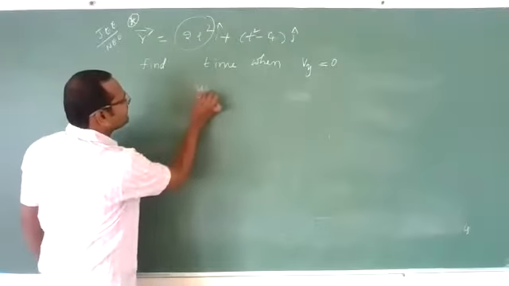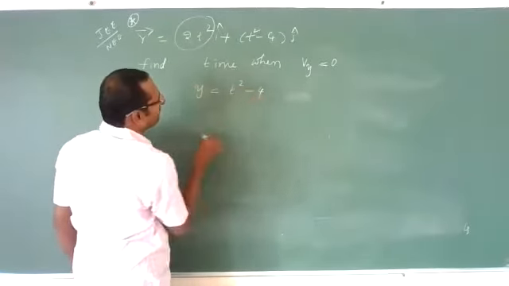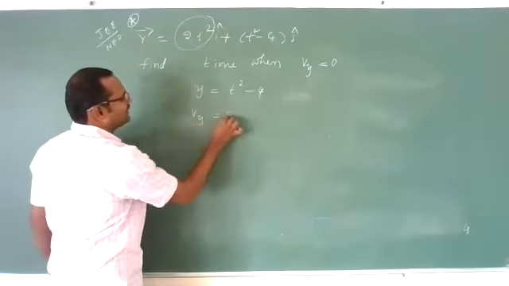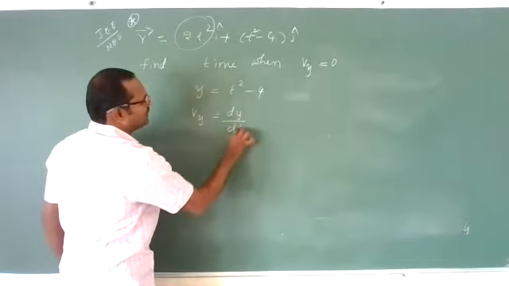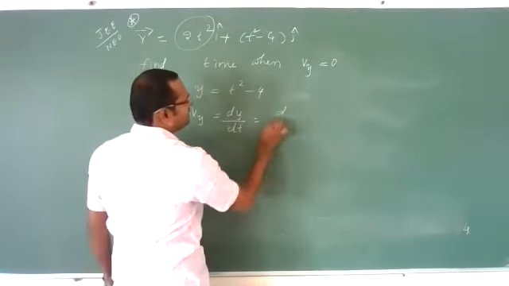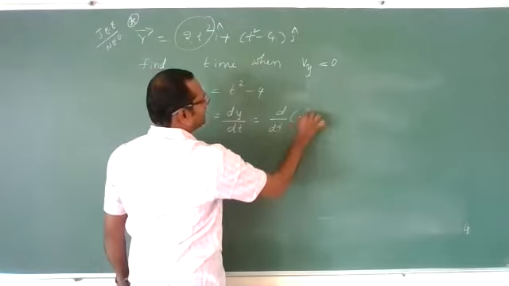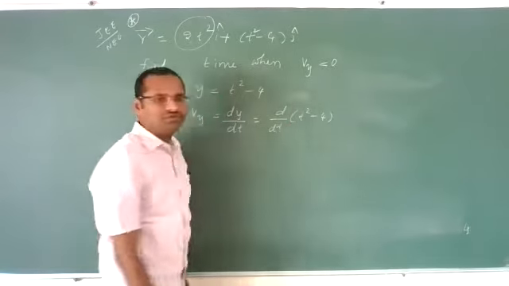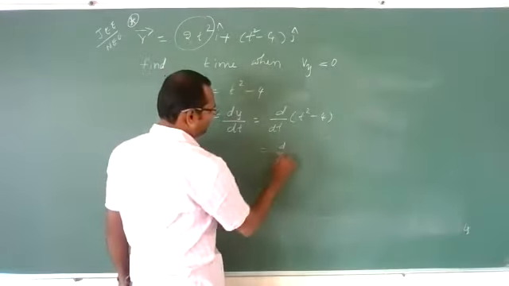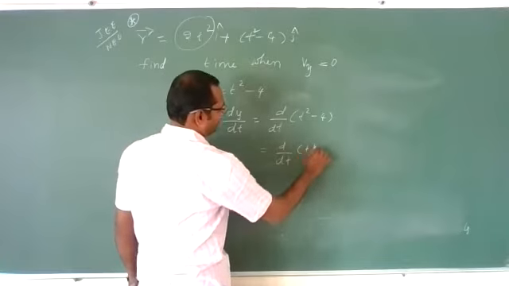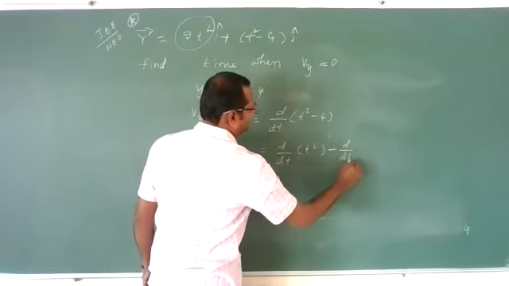What is vertical displacement? t square minus 4. Vertical velocity is what? dy by dt. That means d by dt of t square minus 4, so d by dt of t square minus d by dt of 4.